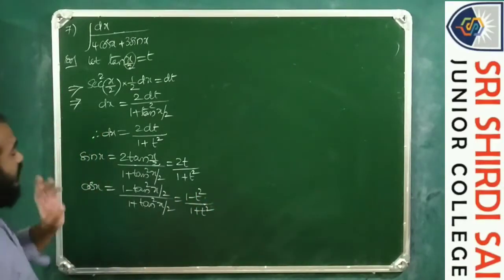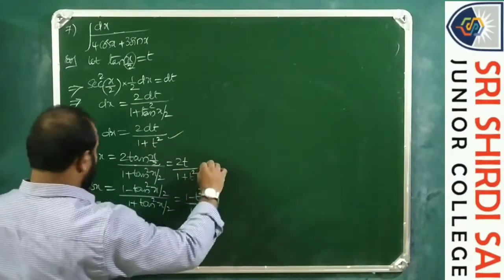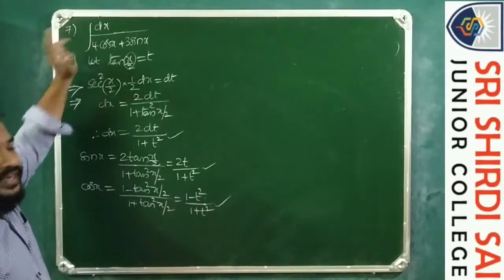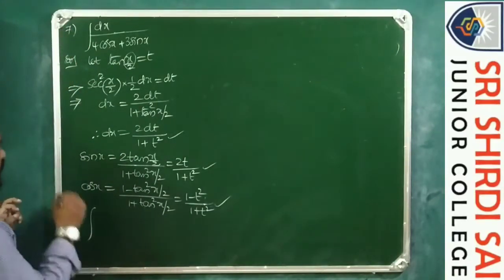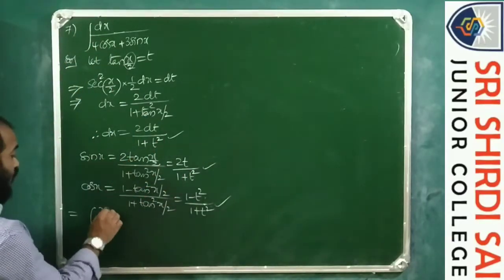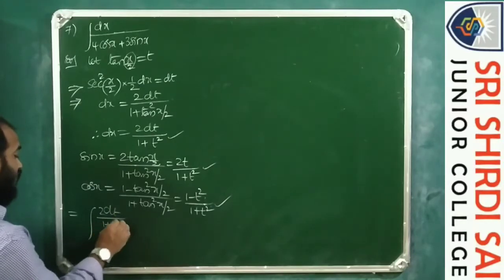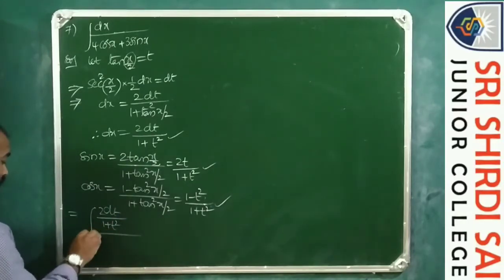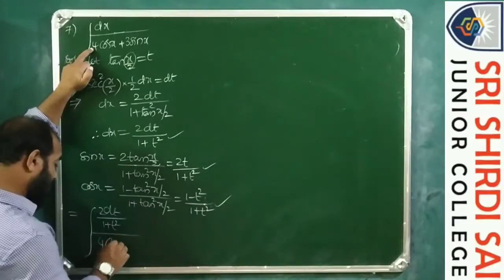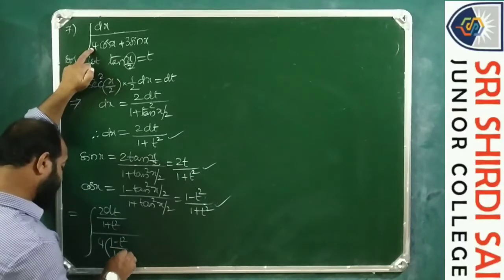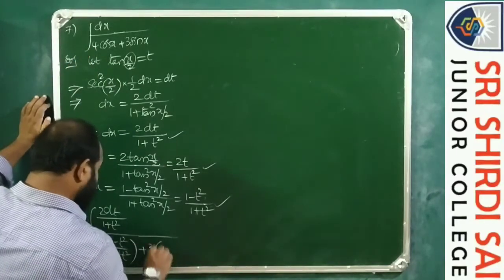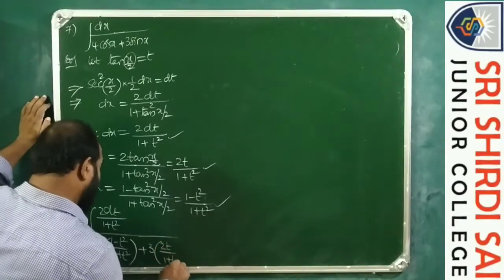So substituting dx, sin x and cos x in the given integral. So this is equals to, the value of dx is 2 dt by 1 plus t square, by 4 into the value of cos x, 1 minus t square by 1 plus t square, plus 3 into sin x, 2t by 1 plus t square.